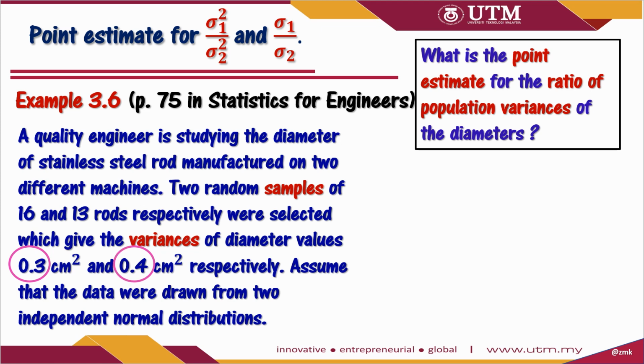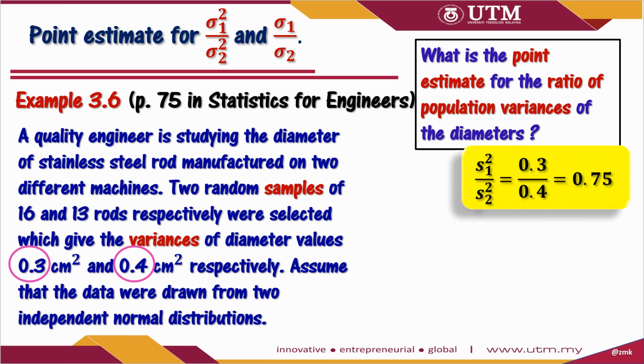Using this sample information, we can then get the point estimate for the ratio of two unknown population variances of the diameters given by the ratio of two sample variances of the diameters from the samples, that is 0.3 divided by 0.4, which gives us the answer equal to 0.75. Please do not square 0.3 and 0.4 because these two values are already the values of sample variances.